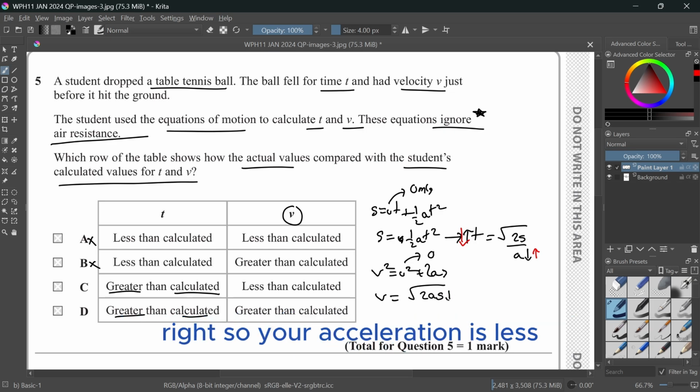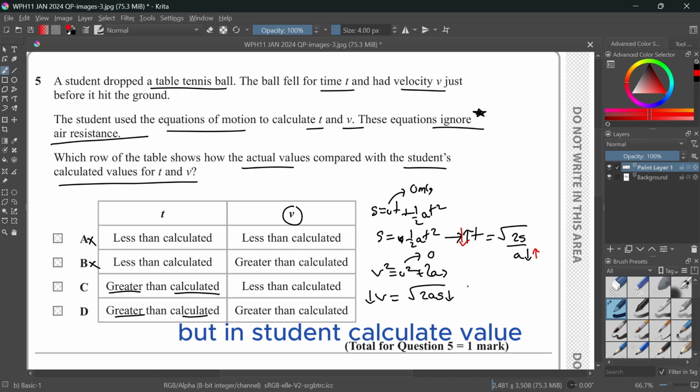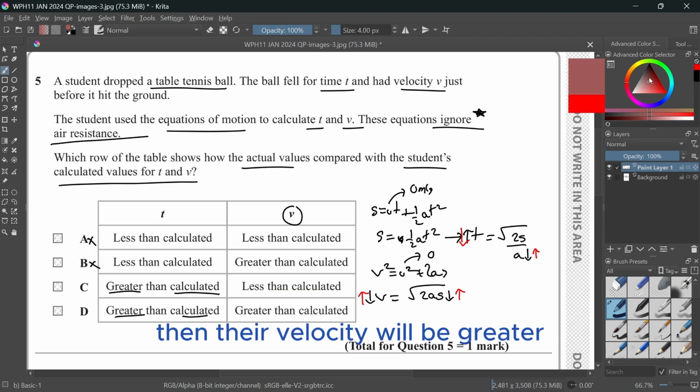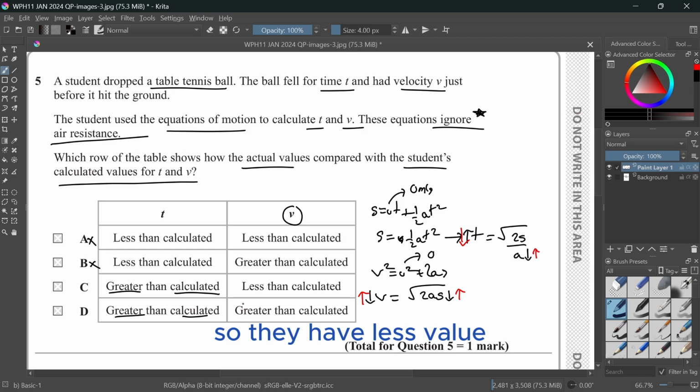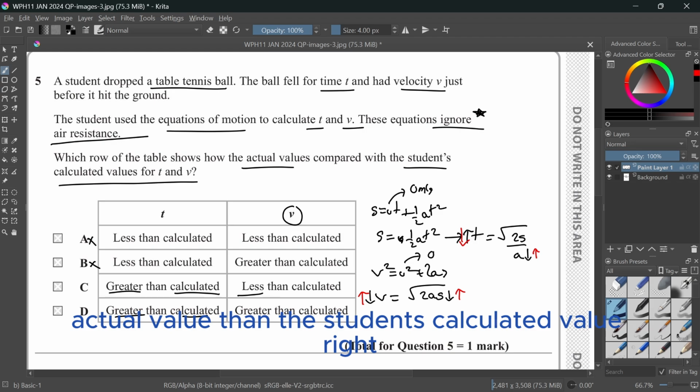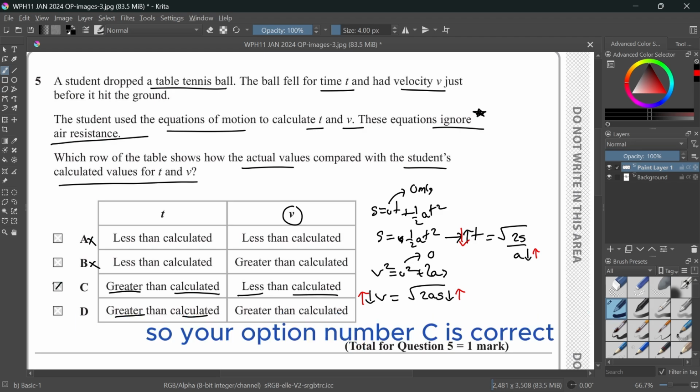So your acceleration is less, so your velocity will be less. But in students' calculated value, if their acceleration is greater, because there is no air resistance, then their velocity will be greater. So the actual value is less than the students' calculated value, right? So your option C is correct and your option D is incorrect.